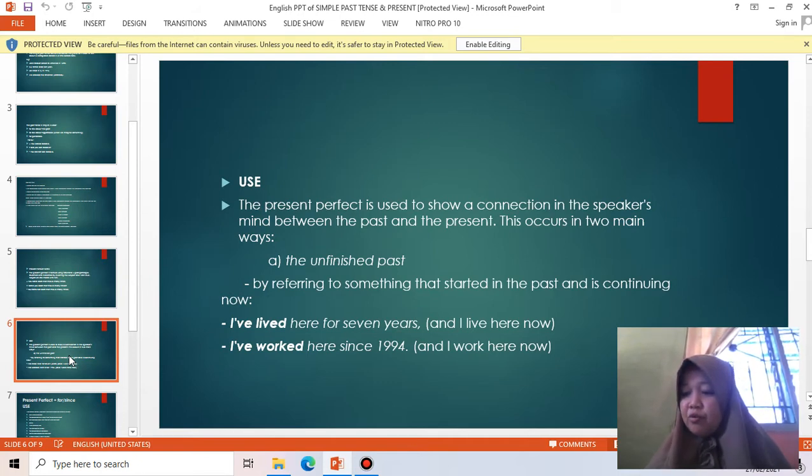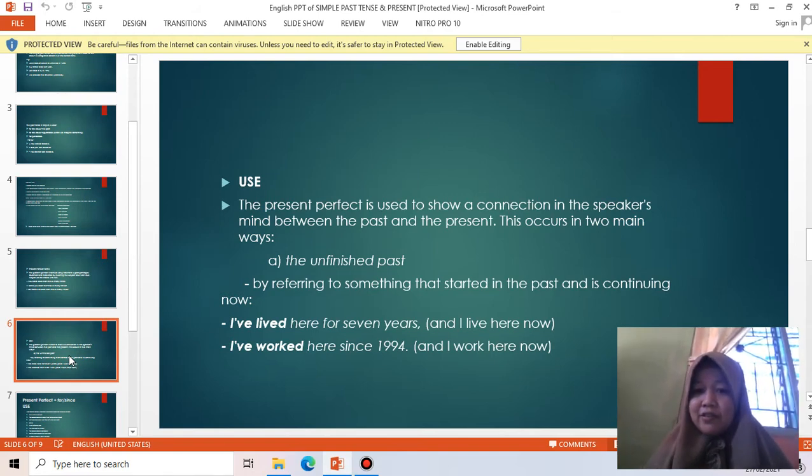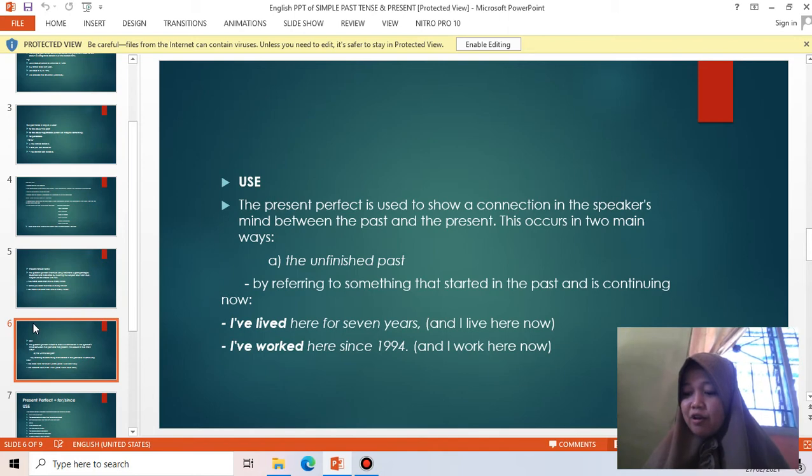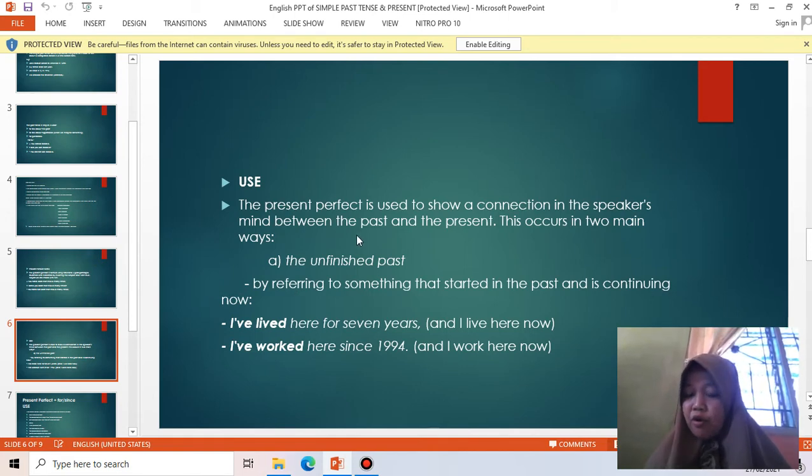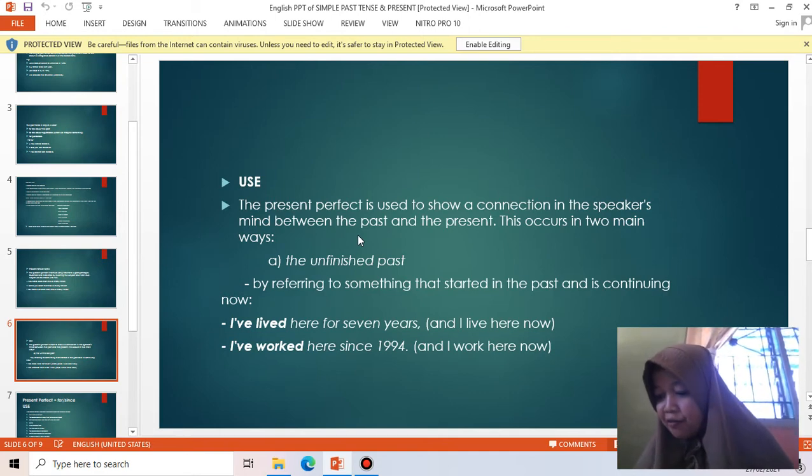Or in other words, we can use the present perfect tense to express finished actions, like she has lost her wallet. Or another usage, recent completed actions. For example, I have just finished. Or even unfinished actions, duration from past until now. For example, I have lived in Paris for 5 years.